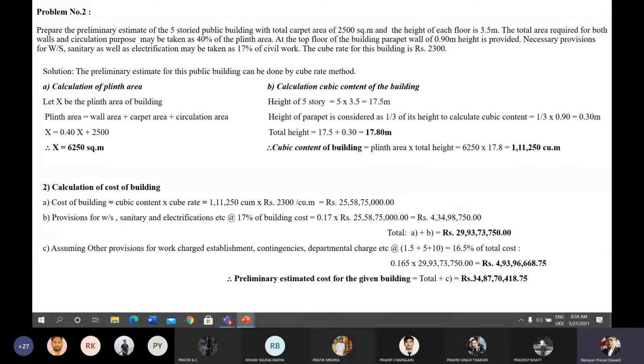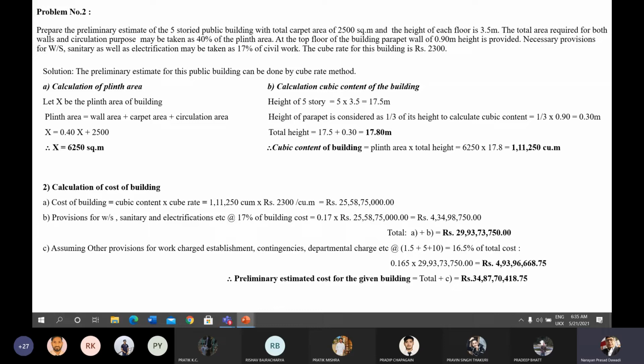And in the cube rate method, I have also provided the parapet wall, how the parapet wall is calculated while taking the height is also shown in this numerical. You may not be asked about the parapet wall in the question. At that time, the parapet wall may not be considered.